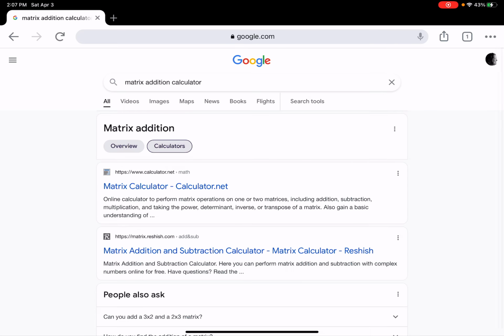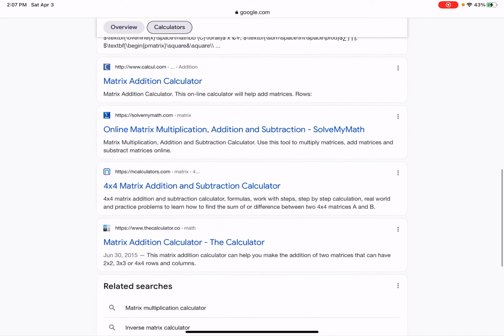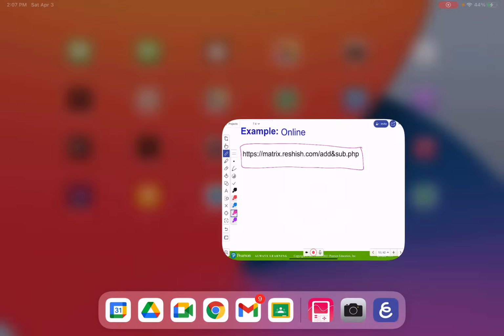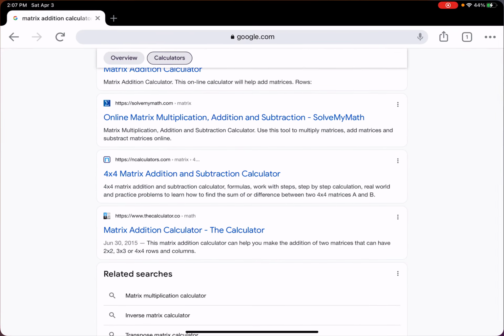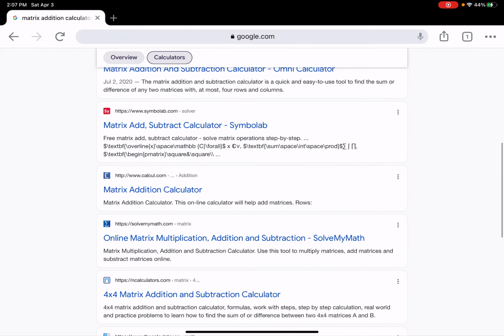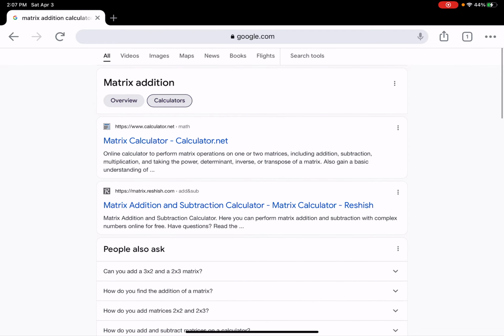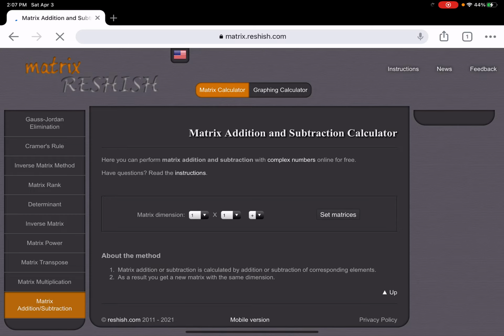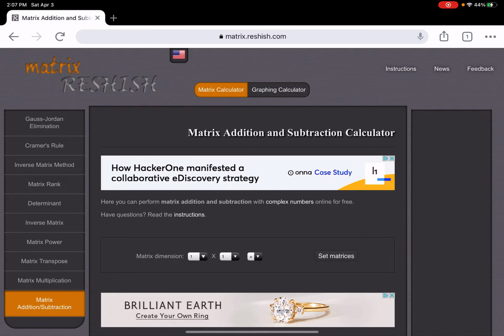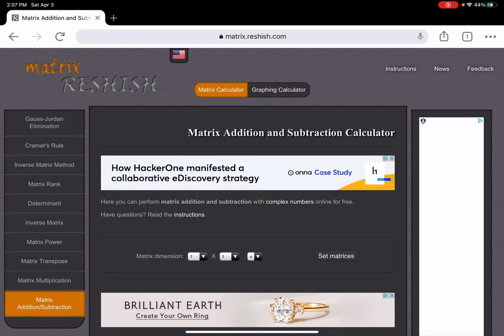Calculator. I'm trying to find the same one here. Where'd it go? I just saw it. This one. So here you can do, and this is the link, copy and paste.